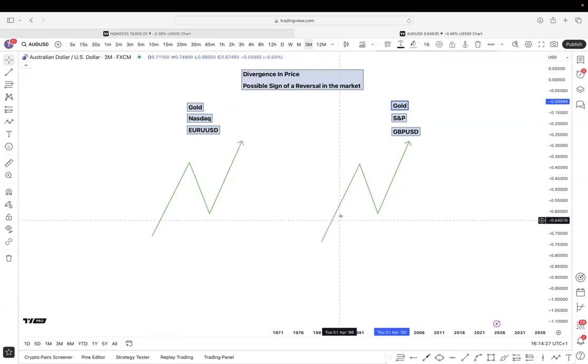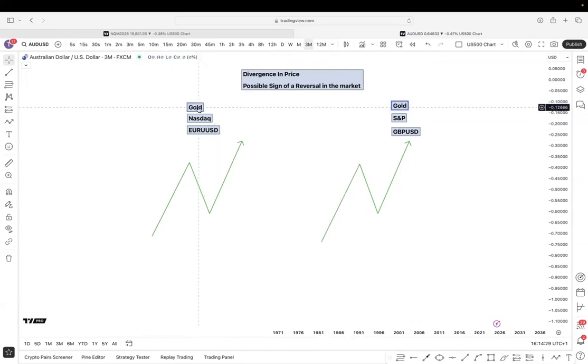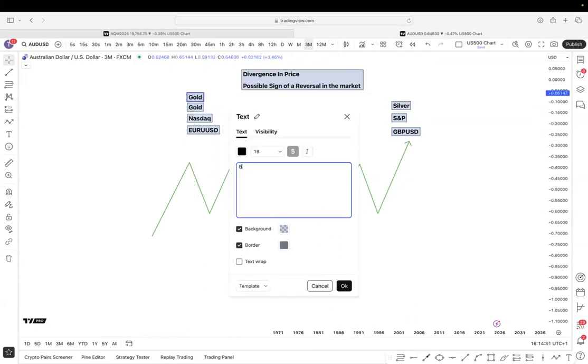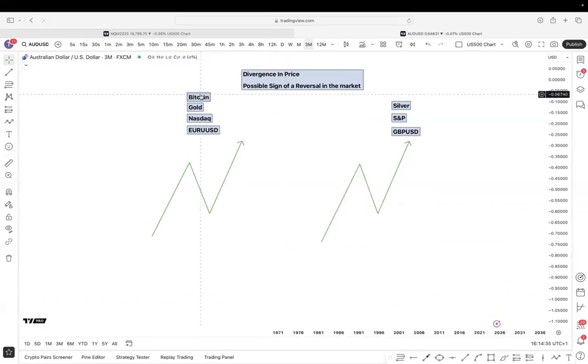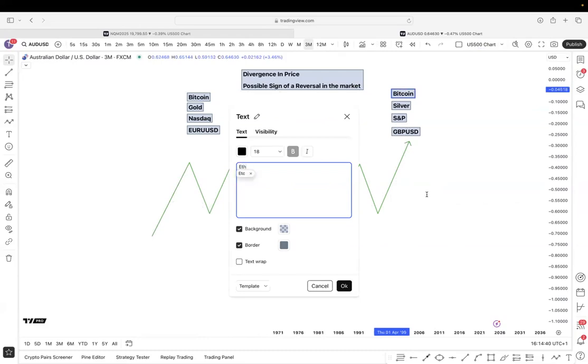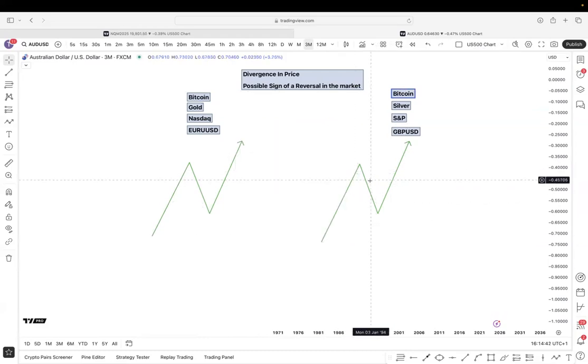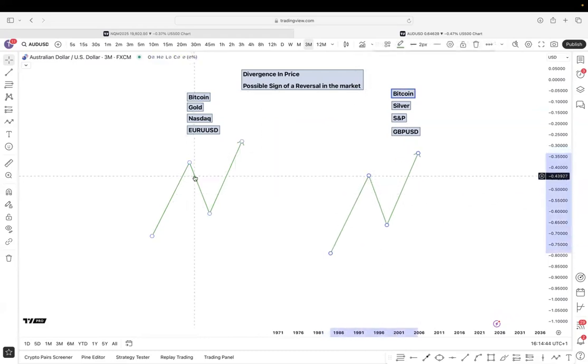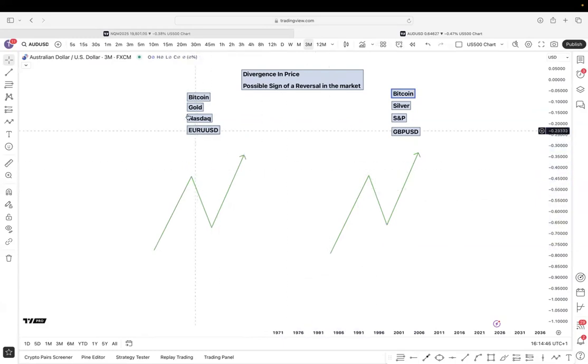And if you're looking at the correlation with possibly Bitcoin, you would then want to be checking another pair which should correlate with it, and that would be Ethereum as a good example. So there's plenty of examples that we can go on. These are kind of like your main examples.